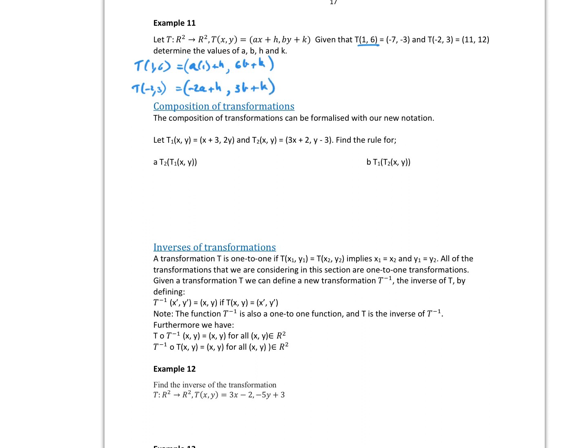And we know that they're equal to specific points, (-7, -3) and (11, 12).